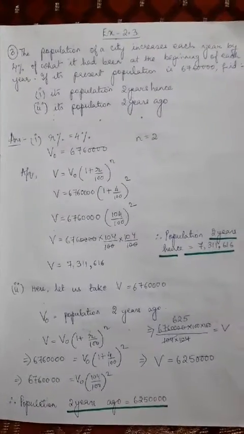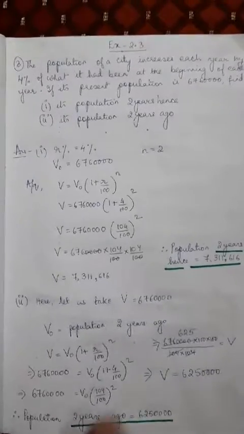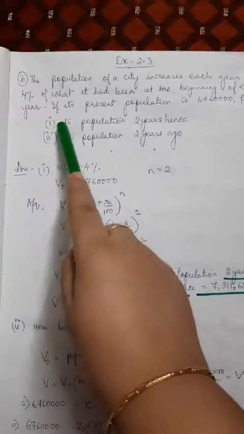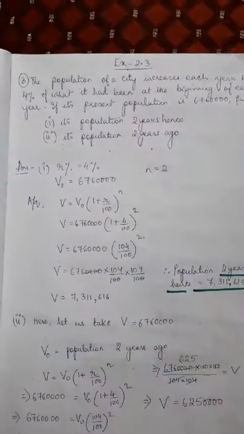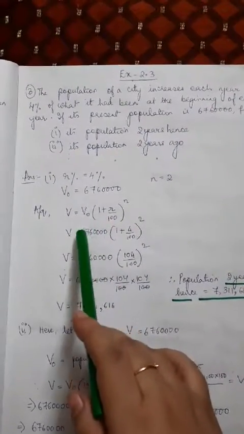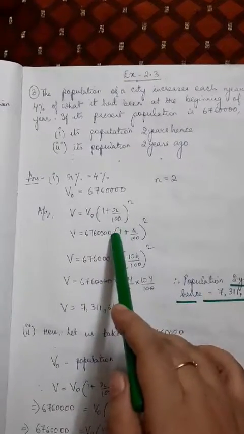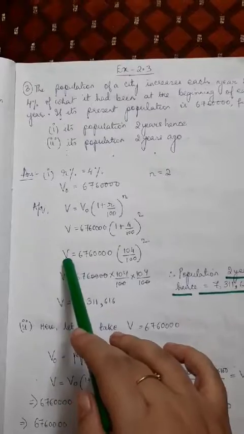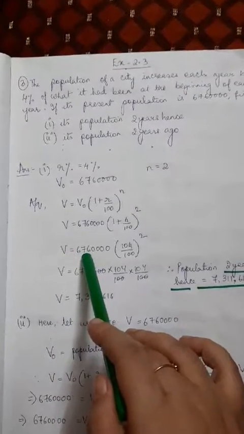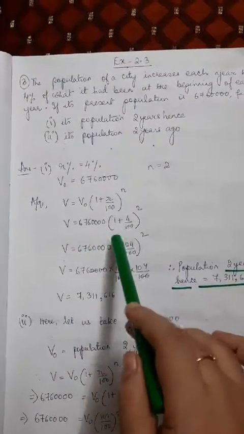power N. Now, here in the first part it's given find its population 2 years hence. 2 years hence means after 2 years. So, if my present population is this, I put the value 1 plus 4 by 100 whole square. V is equal to 67,60,000.